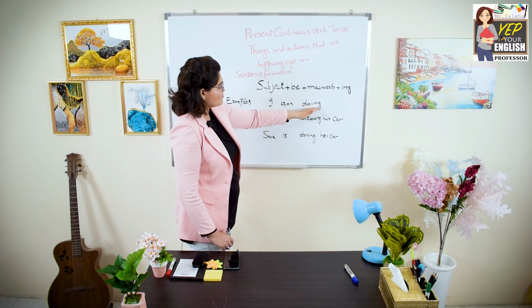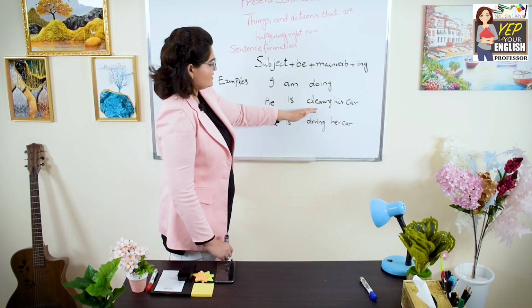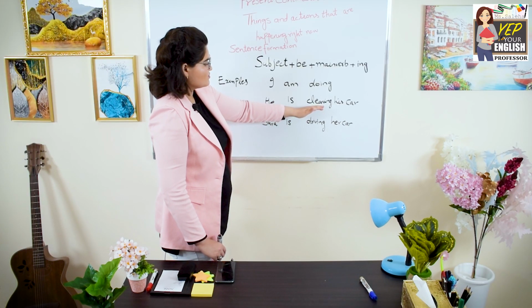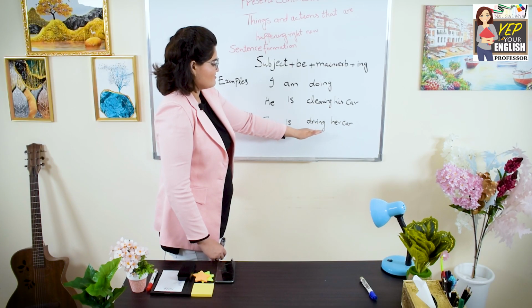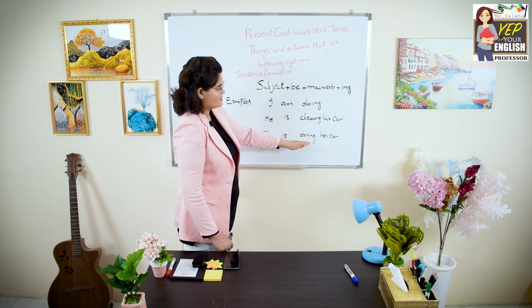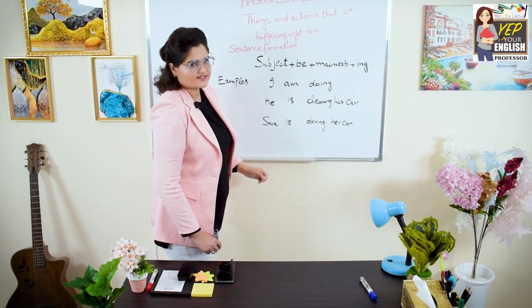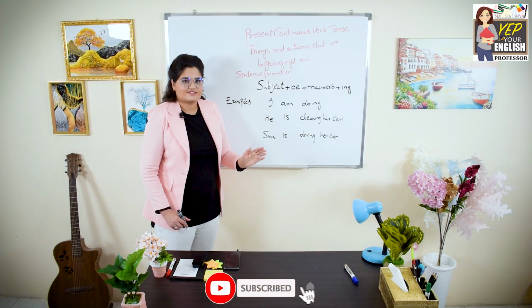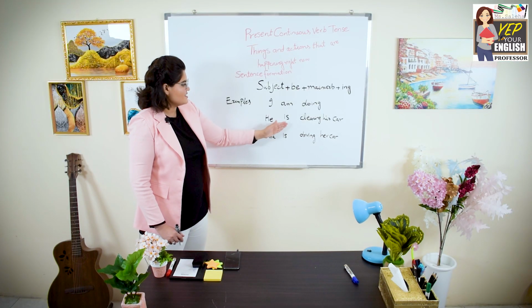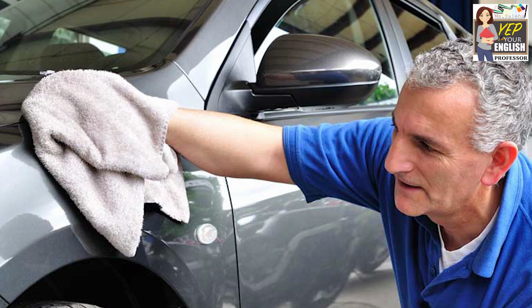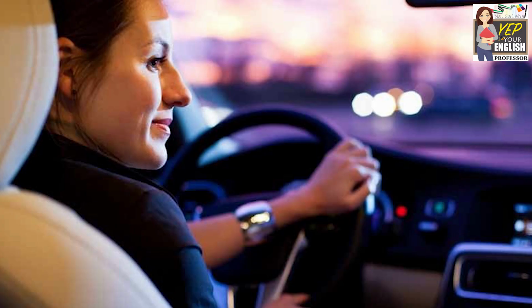Do is the main verb, we added an ing. Clean is the main verb and we have an ing. Similarly, drive, we added an ing, and the rest is the sentence formation. So let's read the sentences. I am doing, he is cleaning his car, Sarah is driving her car.